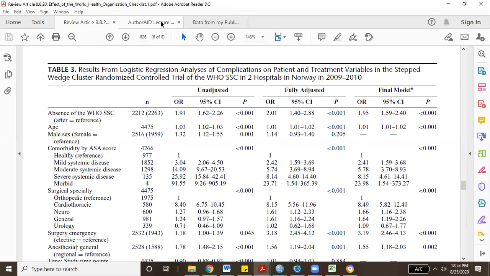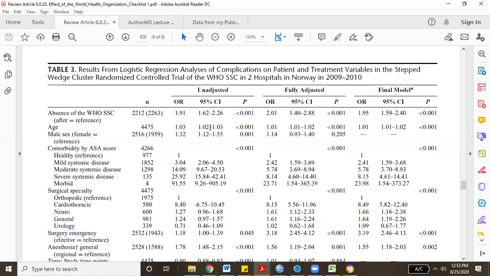Okay. All right. So the terms adjusted and unadjusted are simple. You don't really have to add the word fully. Unadjusted means the logistic regression has not been tested for confounding variables, and adjusted means it's been tested for confounding variables.